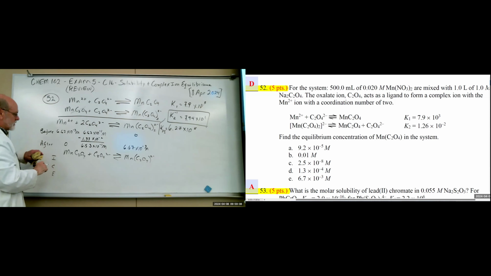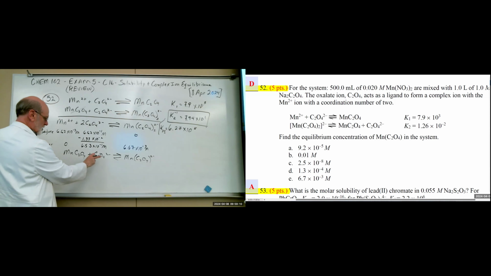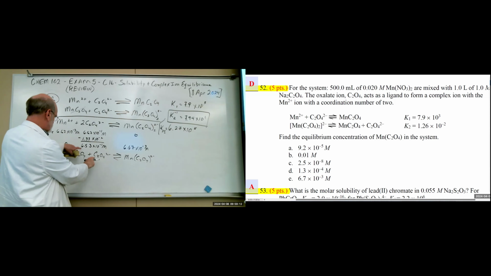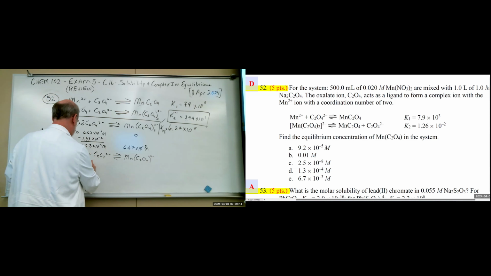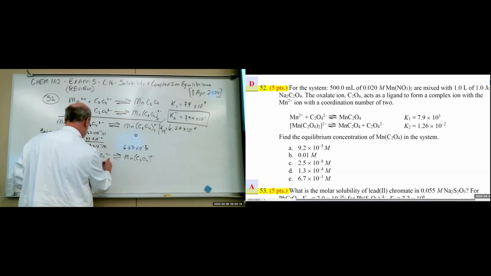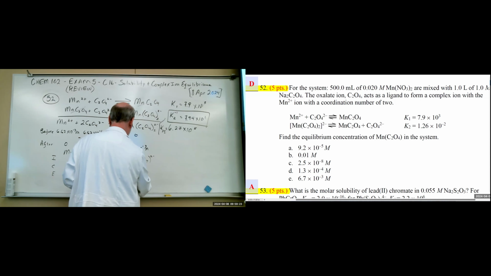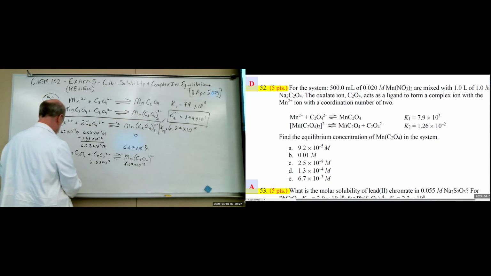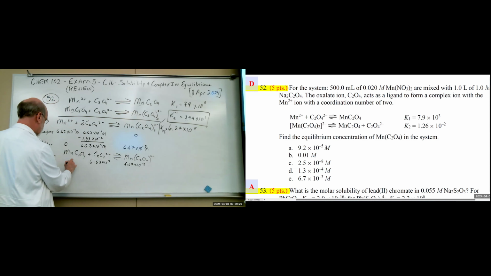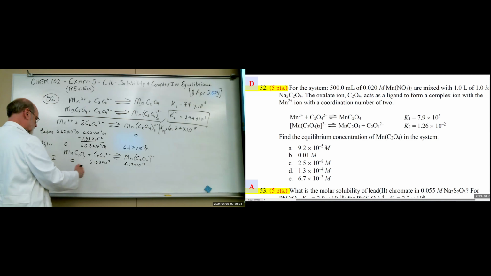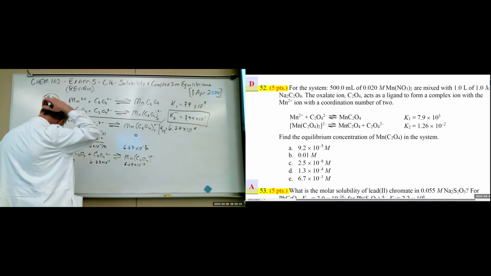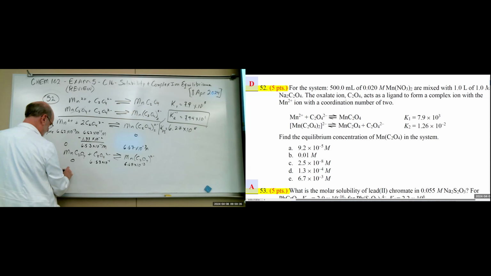Okay, so now we have an initial concentration of, let's see, this one here, 6.53 times 10 to the minus 1. Initial concentration of this one, 6.67 times 10 to the minus 3. And we're going to say that this one is 0. So the change is going to be back this way. We're going to add some X here.